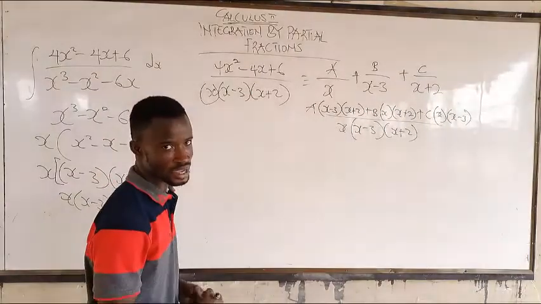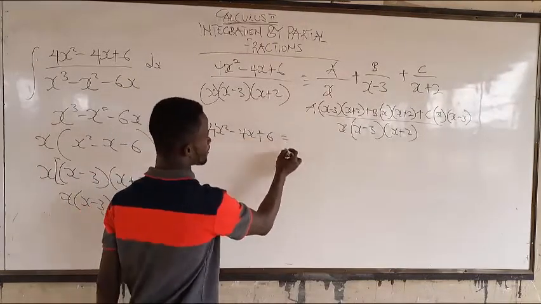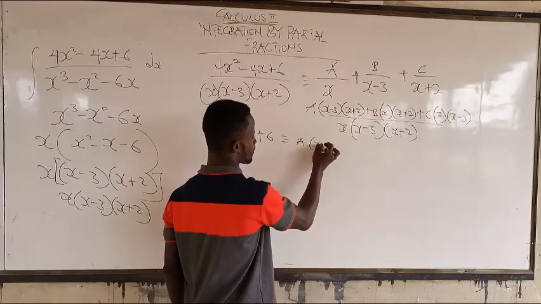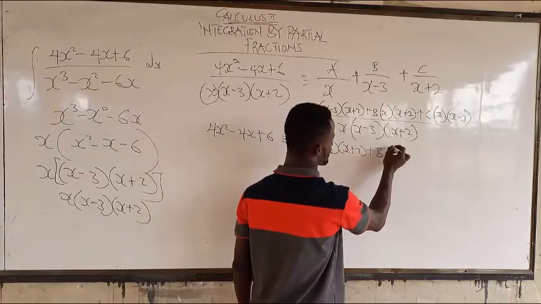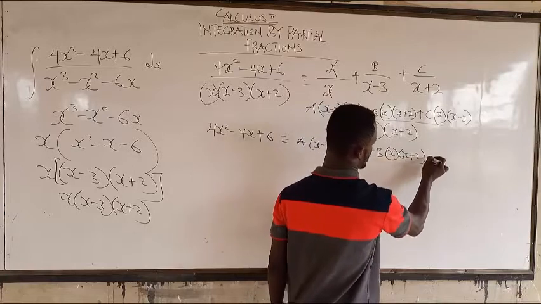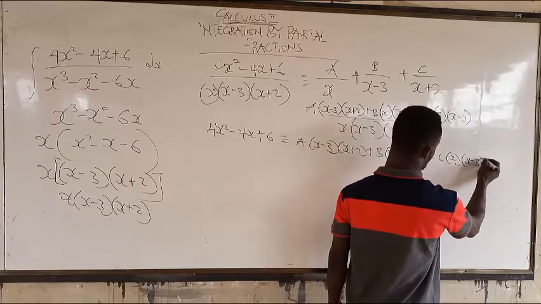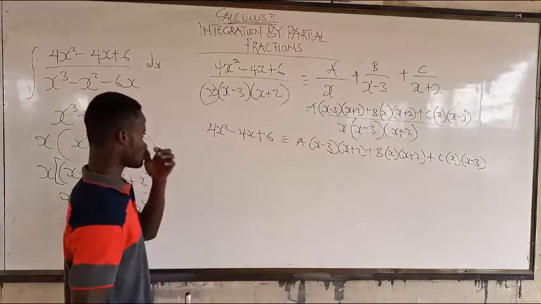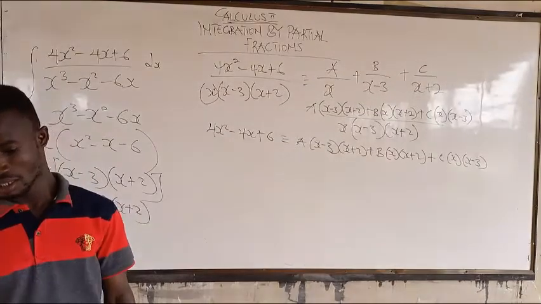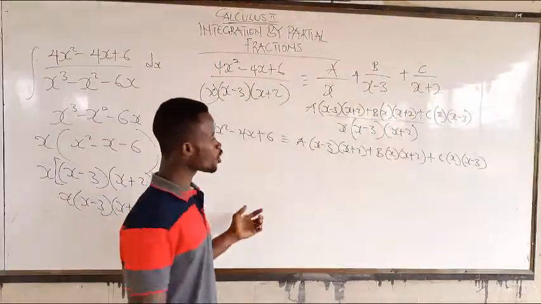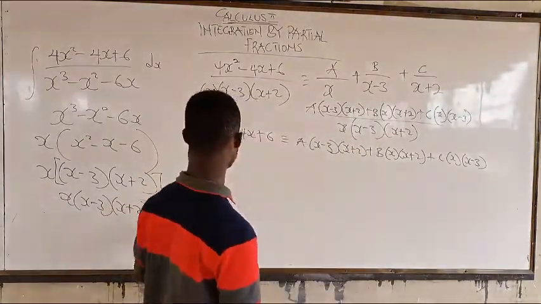Now, since they are identical, we equate their numerators. After you are done, you can solve by expanding and simplifying the right hand side, then you compare the coefficients.